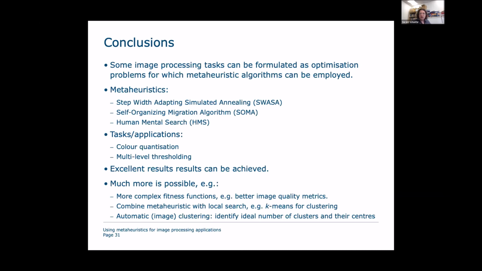What was nice there was that we got better results in terms of either peak signal to noise ratio or entropy. The other thing that was quite nice is that we could also show that HMS, or human mental search, was actually converging faster compared to the other techniques. That means we can, in a sense, stop the algorithm earlier and still get a really good solution. We compared them by running each algorithm for the same number of function evaluations, which is the typical thing that you do for comparing those.